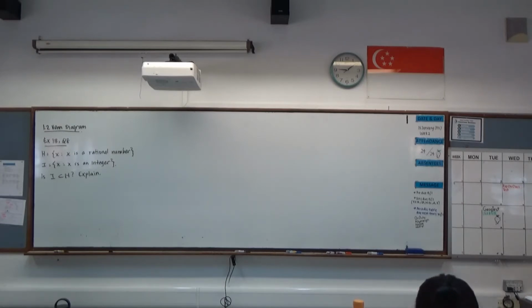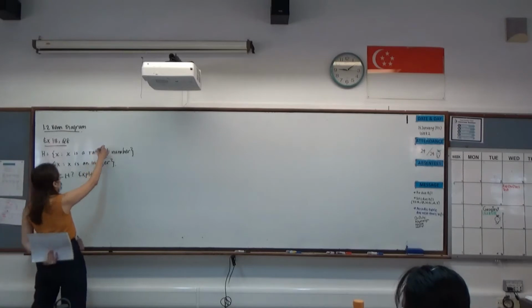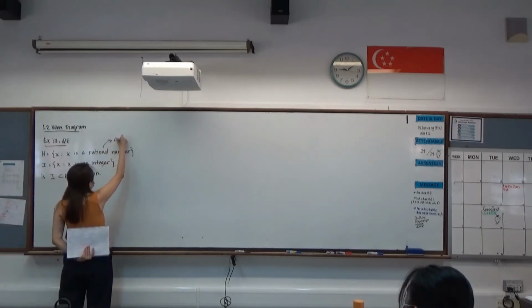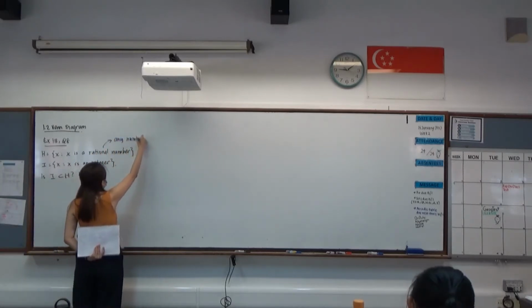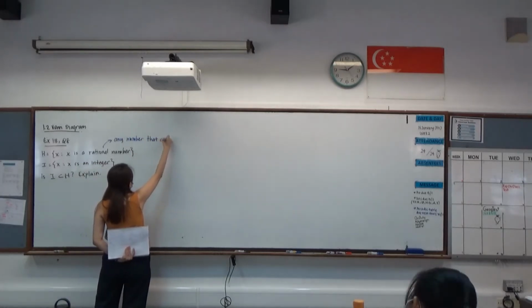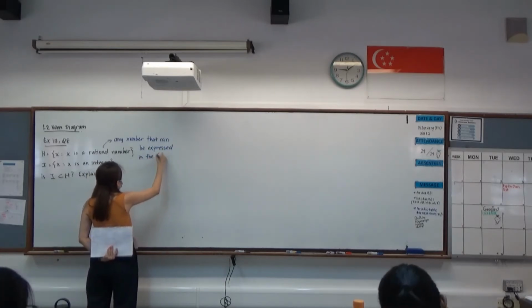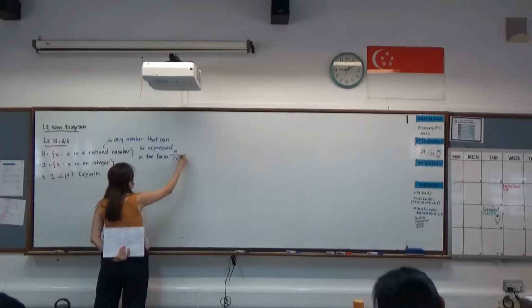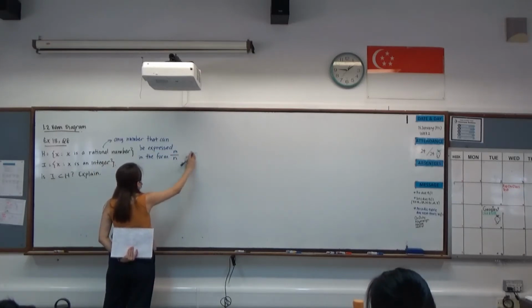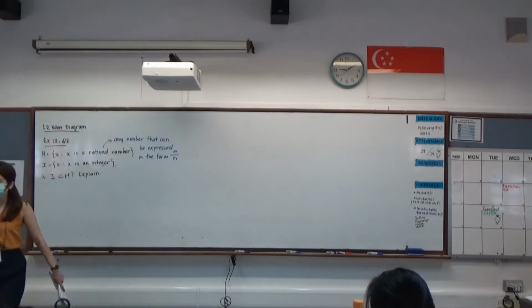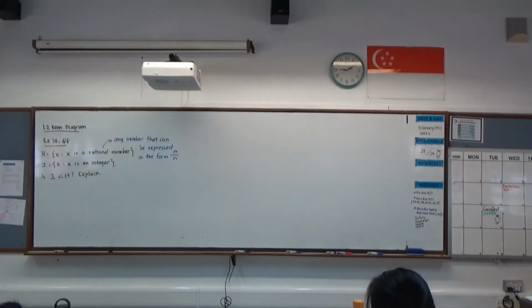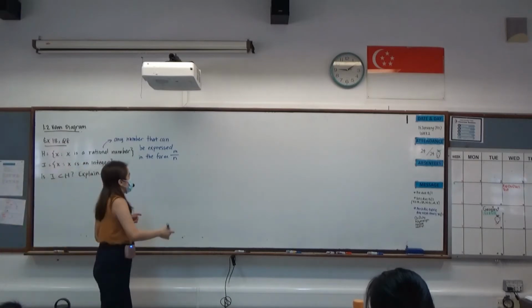Rational numbers are simply your fractions. Any number that can be written as a fraction is a rational number. It can be expressed in the form m over n, that means a fractional form, but then m and n must be integers.